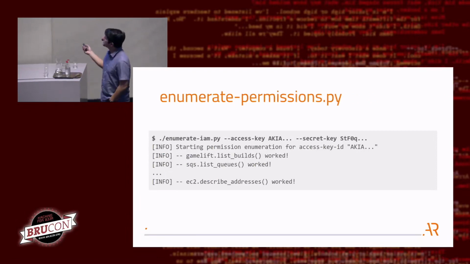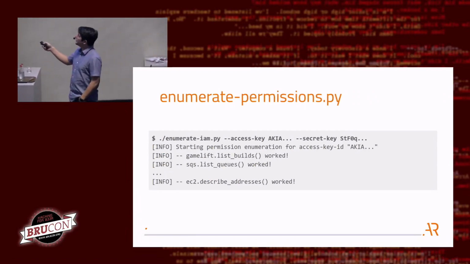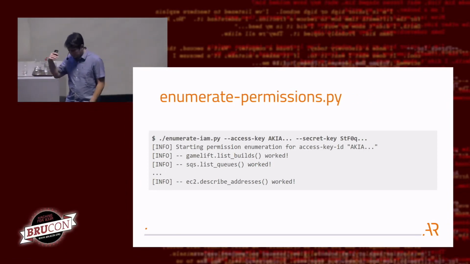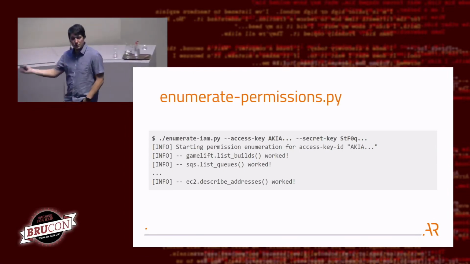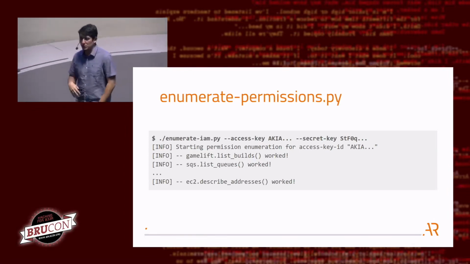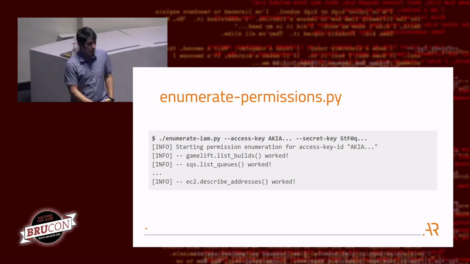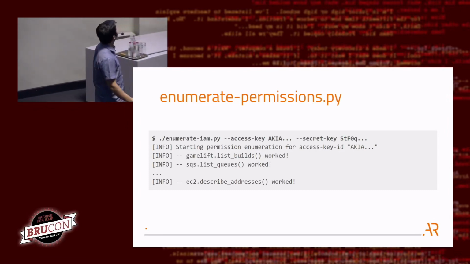This is how it looks. Enumerate IAM, access key, secret key, and it will tell you which API calls worked and which ones did not. Permission enumeration, nothing fancy here.